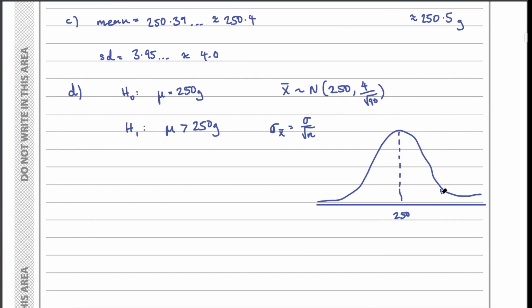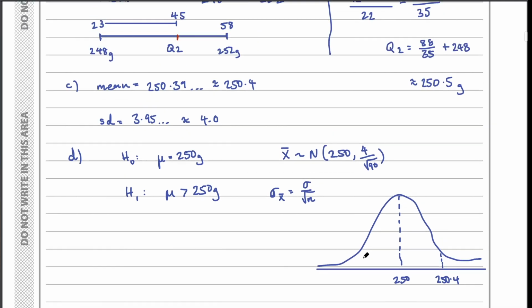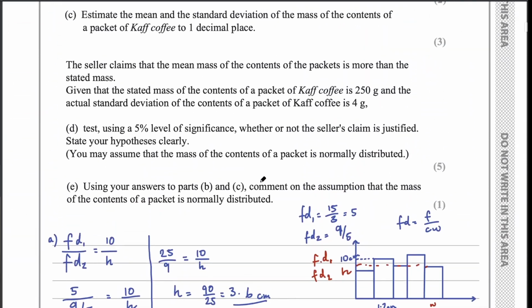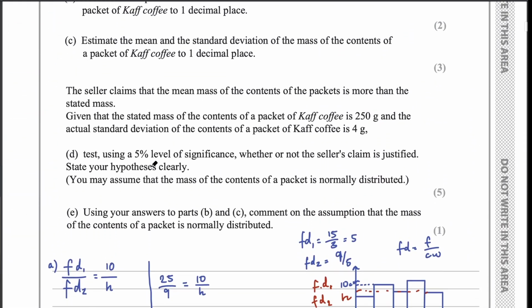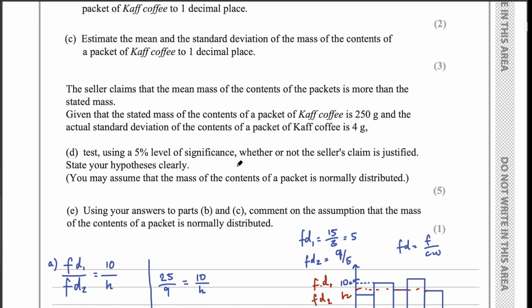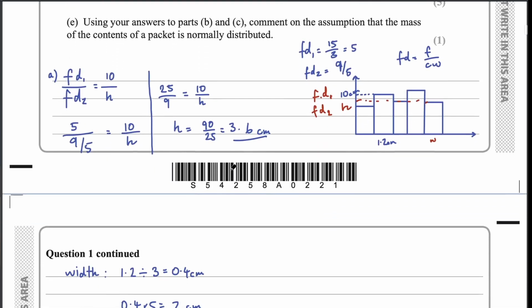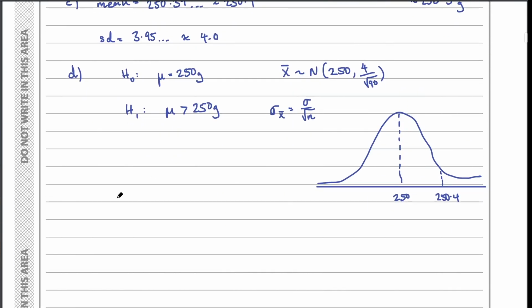Let's just say it's up here somewhere. This was our result. And we want to know if the mean is actually 250, what's the probability of getting that result there? And if we look at the question again, it says to a 5% level of significance. So we could write that as alpha equal to 5%.